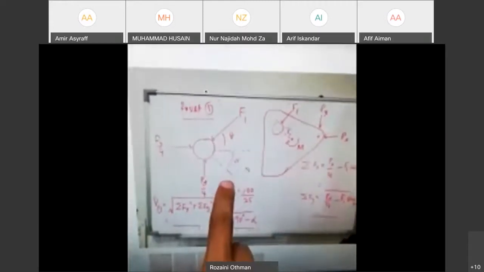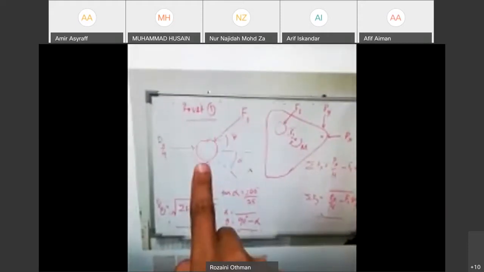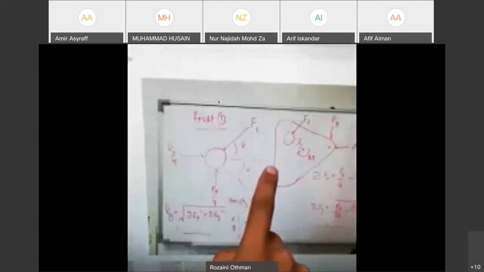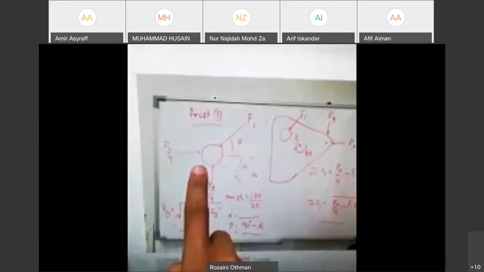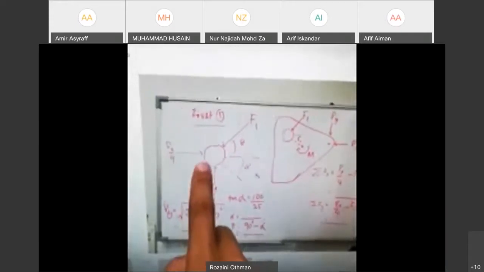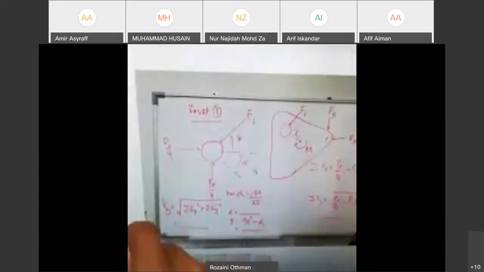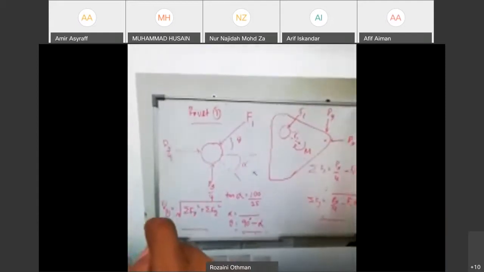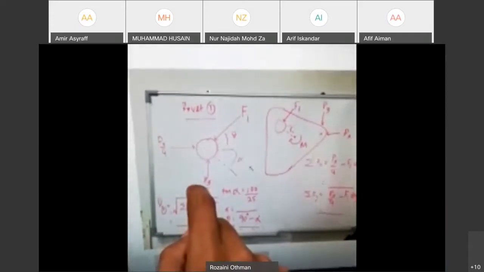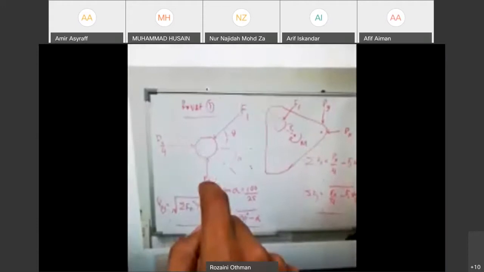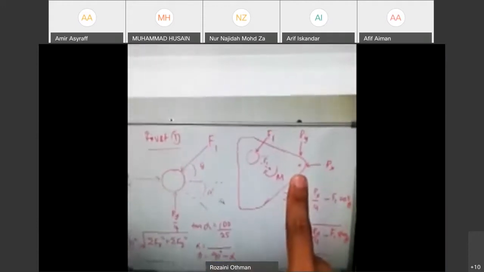The direction is to the right, and Py over 4 is in the up direction, because it depends on the load given to us.